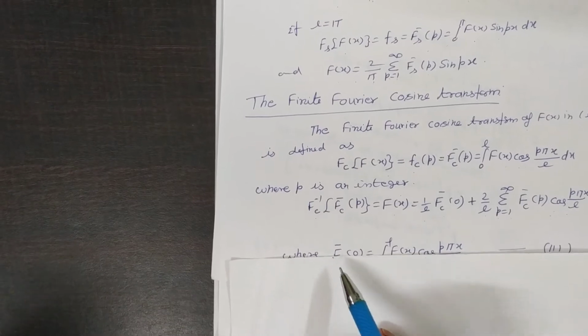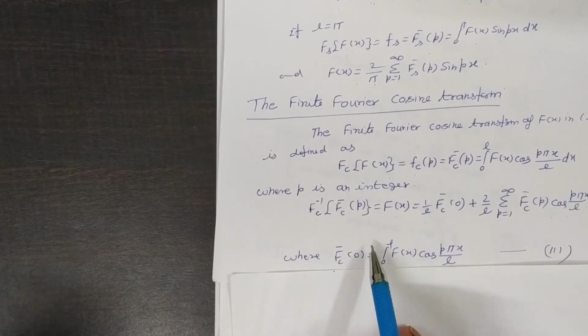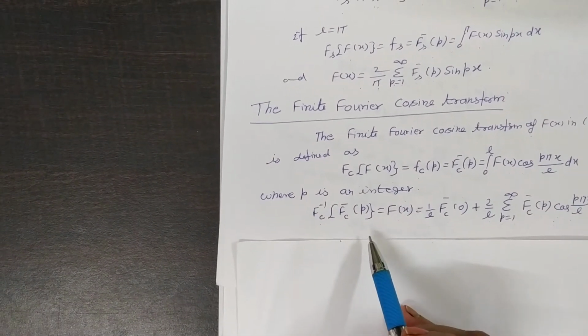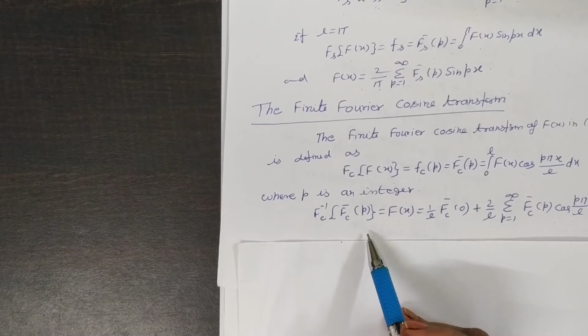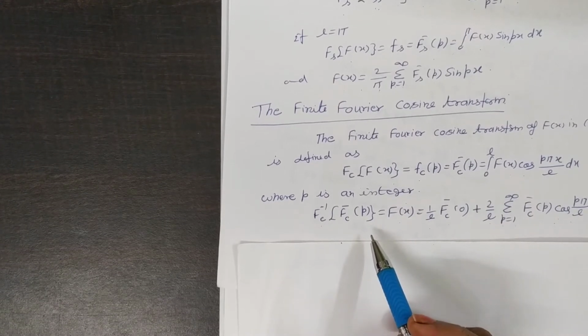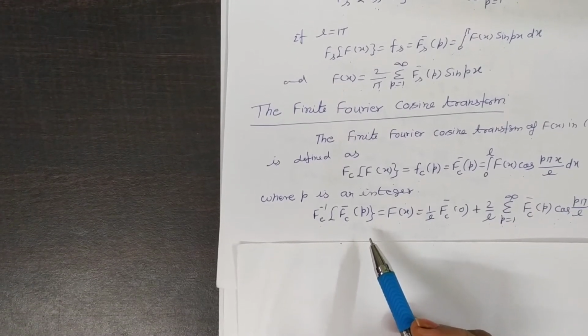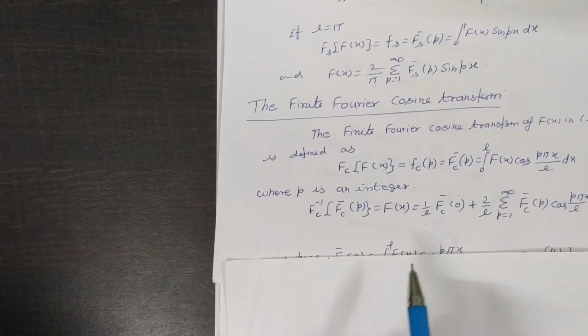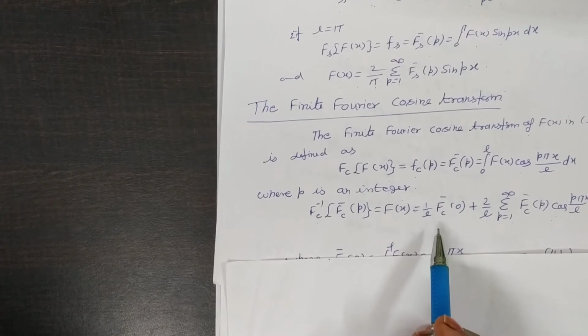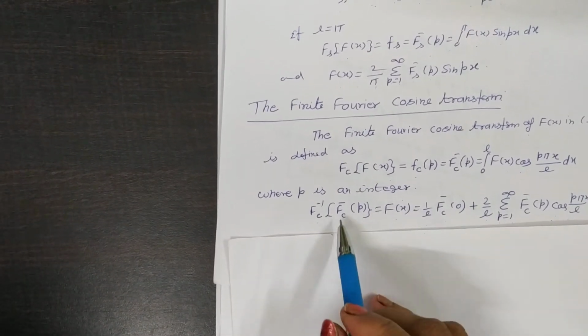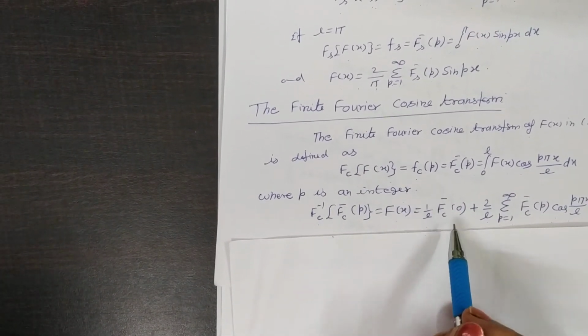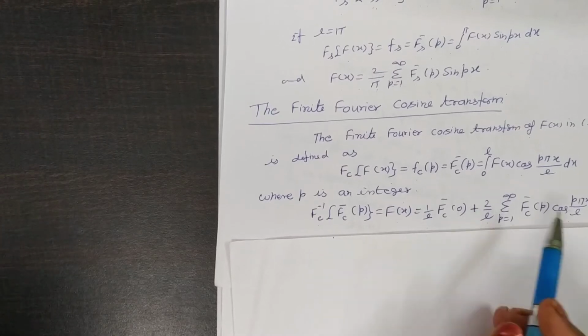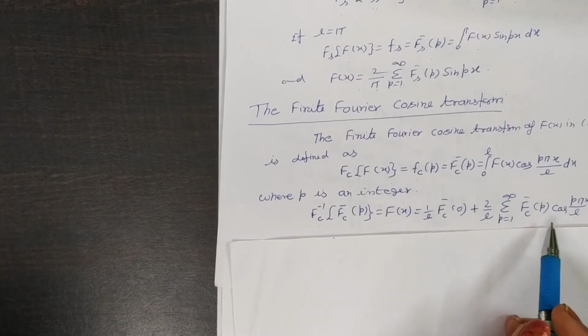In the earlier video I defined some transformations for the sine and cosine transformation. For the cosine transformation, you have the value for p equal to 0 as well, because of the even functions.